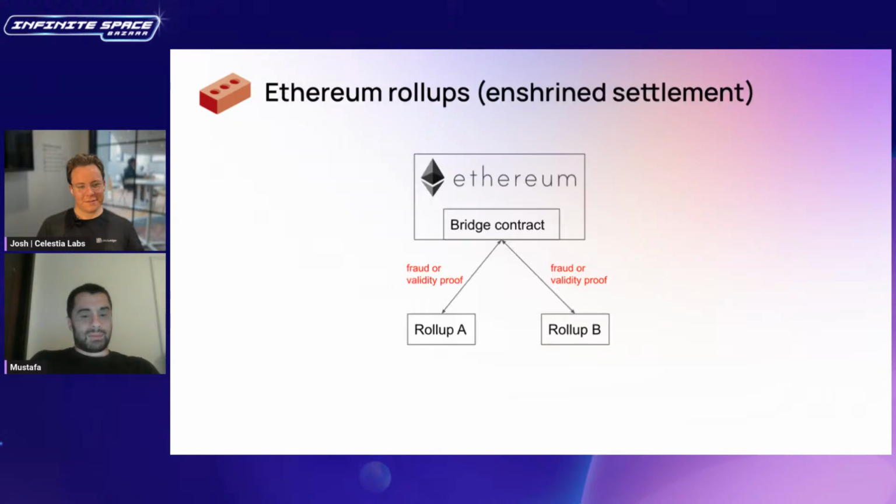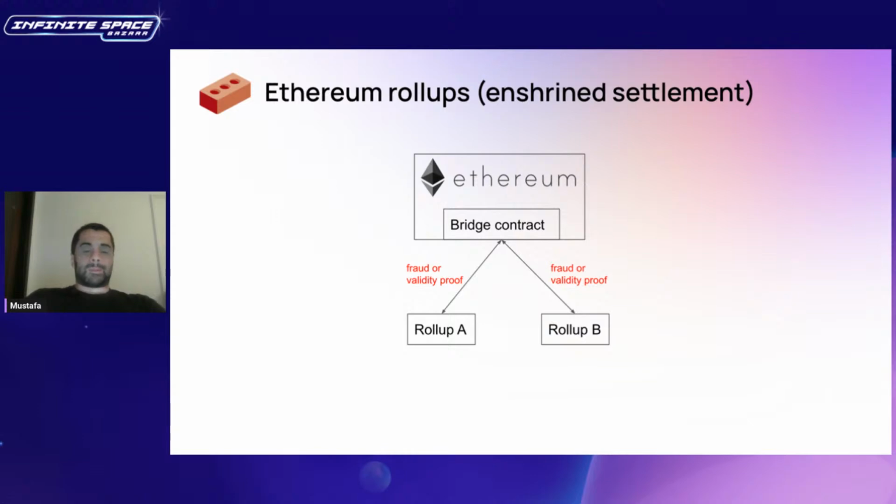Obviously Ethereum is a good example of that. Ethereum acts as a settlement layer for these rollups. On Ethereum, as I mentioned previously, rollups have light nodes, and those light nodes can be on chain. The bridge contract on Ethereum is basically an on-chain light node for rollups.